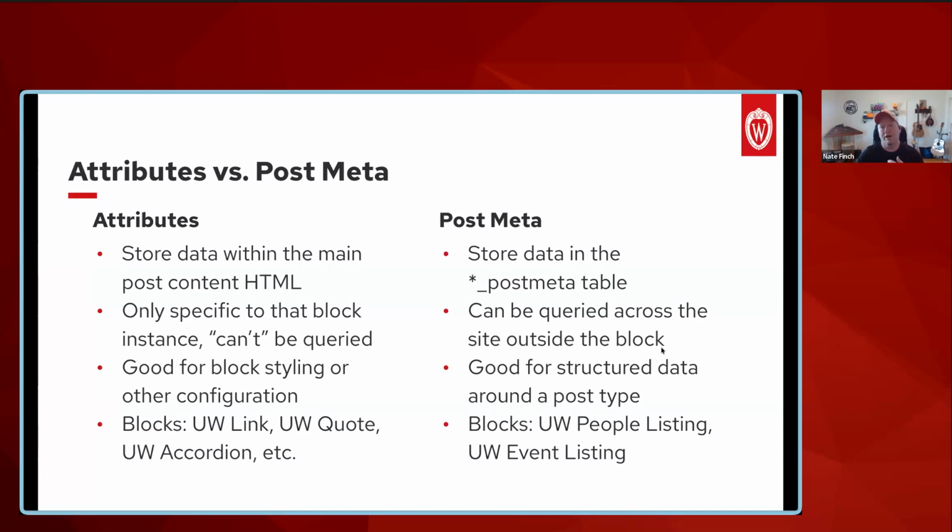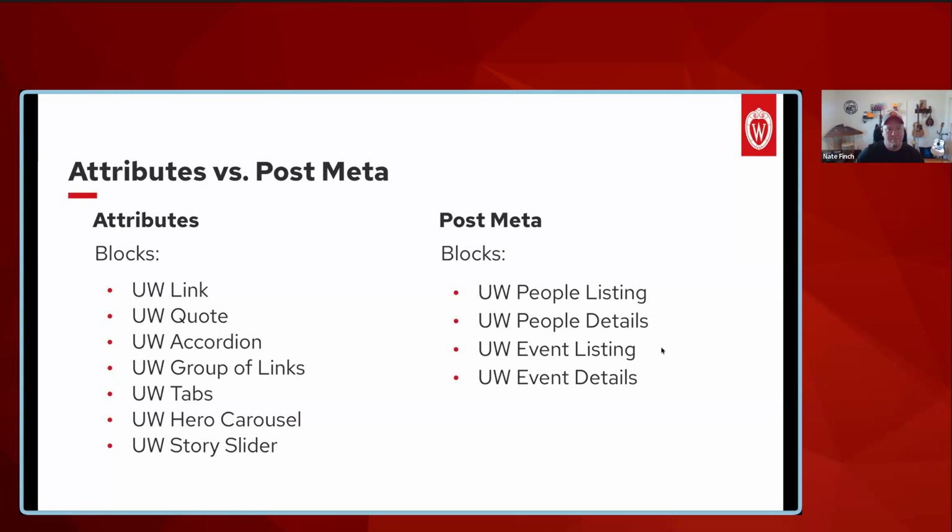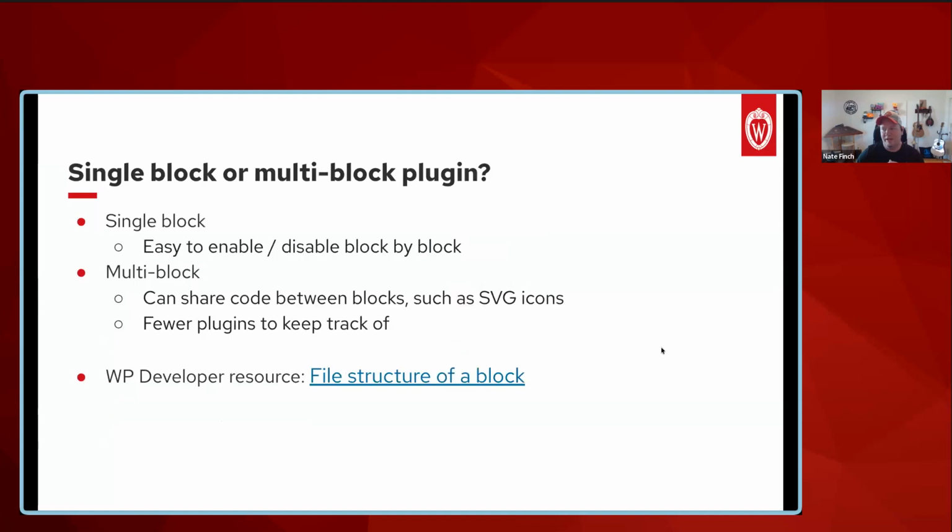So for our staff or event post types that we have, we're using post meta, and that allows all of that information to be displayed in a staff listing. So this post meta are things like their name, their position, title, credentials, all that kind of stuff is all stored in the post meta. Lists. So again, here is just a list of blocks that we have for attributes and post meta.